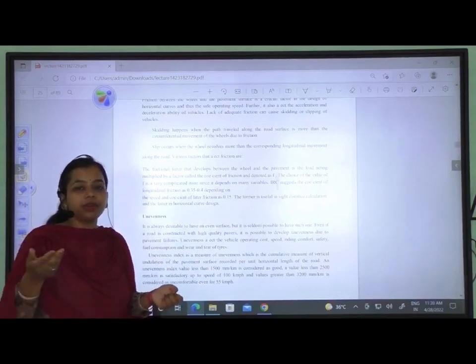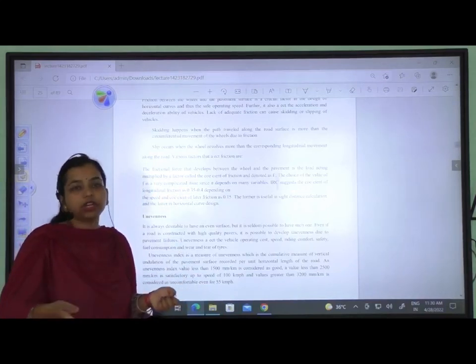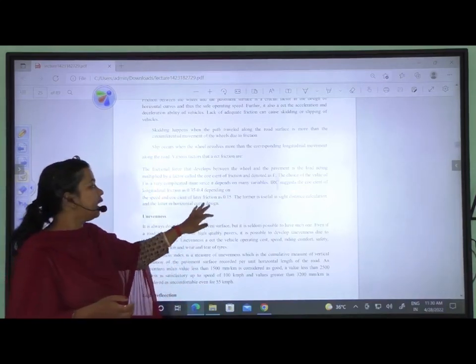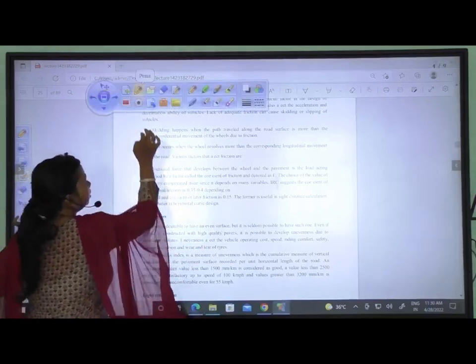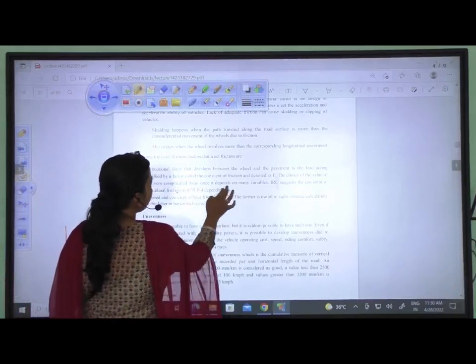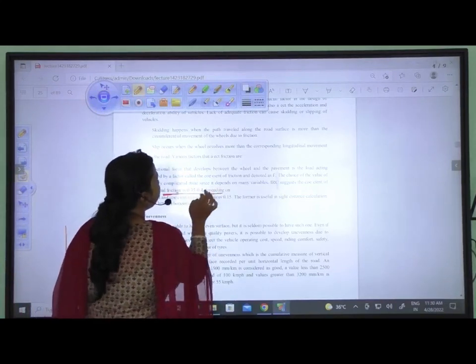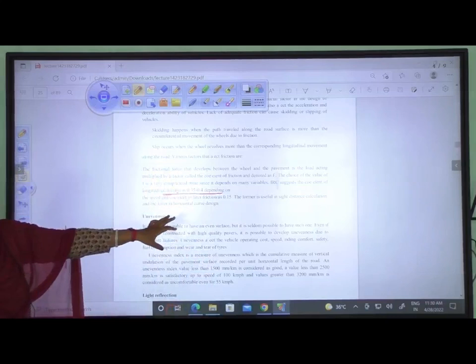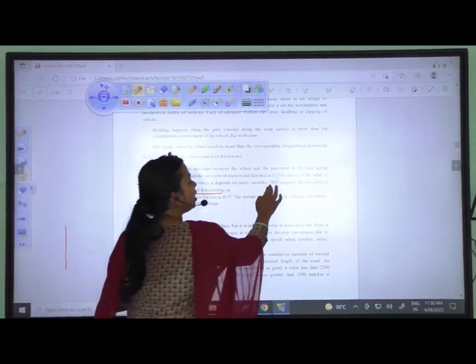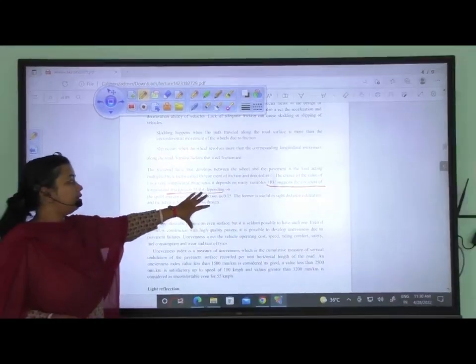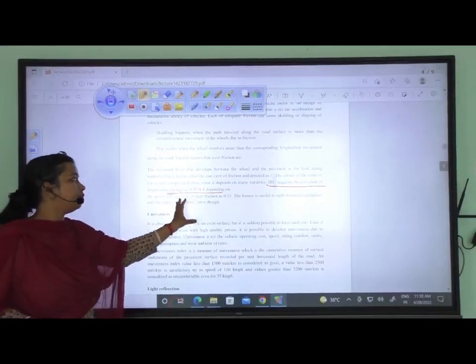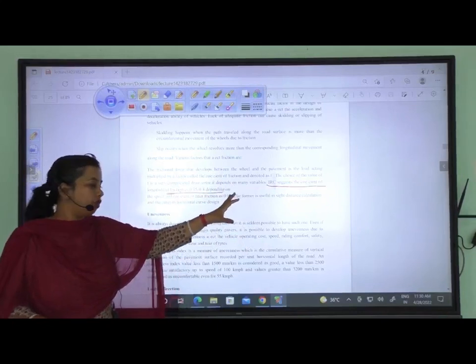We can enhance it according to our design, but here the value fluctuates from 0.35 to 0.4. This value is given by IRC.